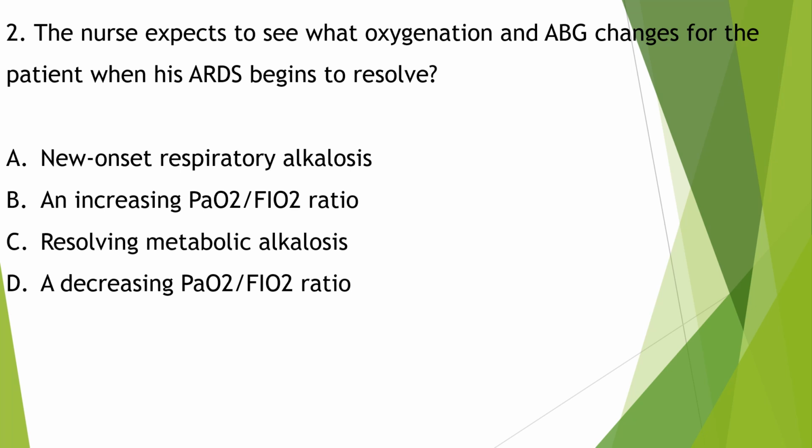That improvement is shown by an increase in partial pressure of oxygen and FiO2 ratio. That shows improvement in oxygenation. A decrease in the ratio indicates the worsening of the oxygenation status. So D is wrong. Respiratory alkalosis is seen in early acute respiratory distress syndrome due to tachypnea, seen in an effort to increase the oxygen levels, and metabolic alkalosis is common with ARDS.